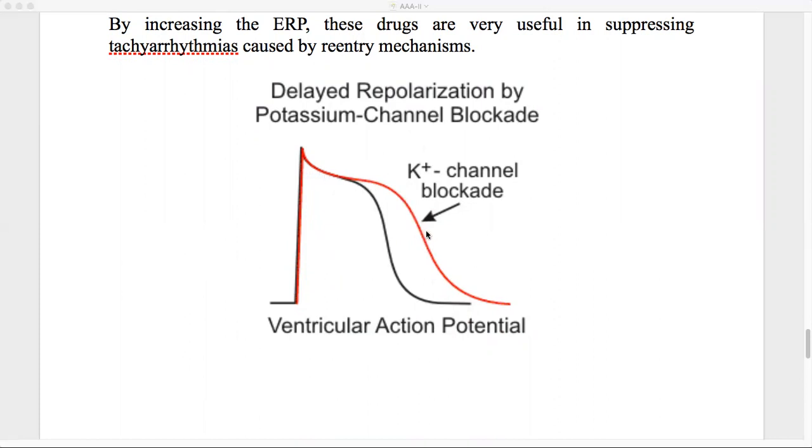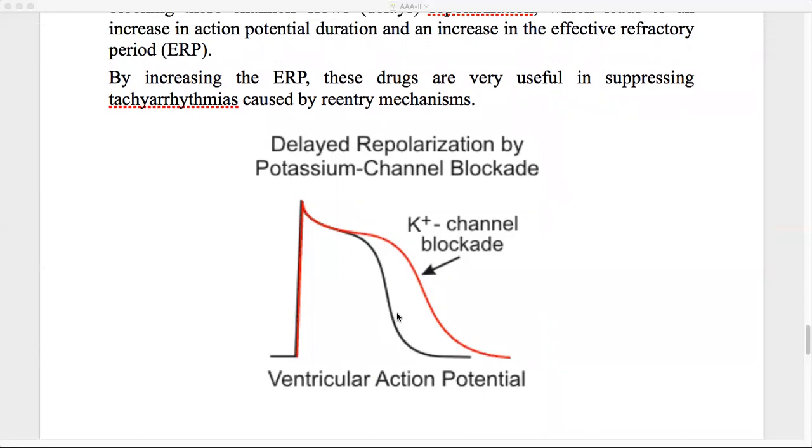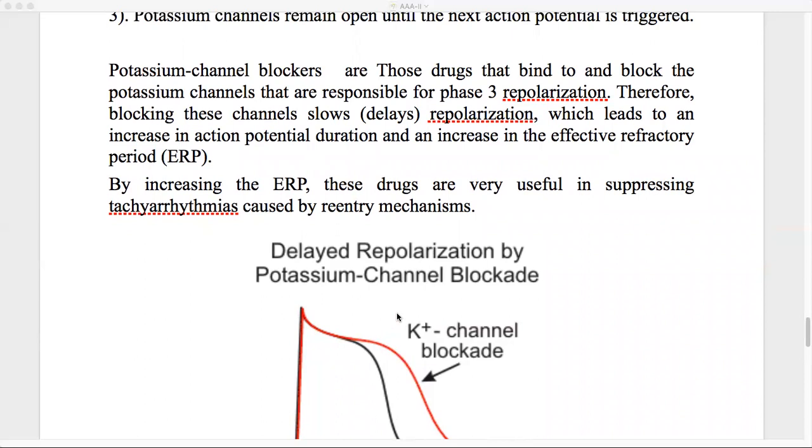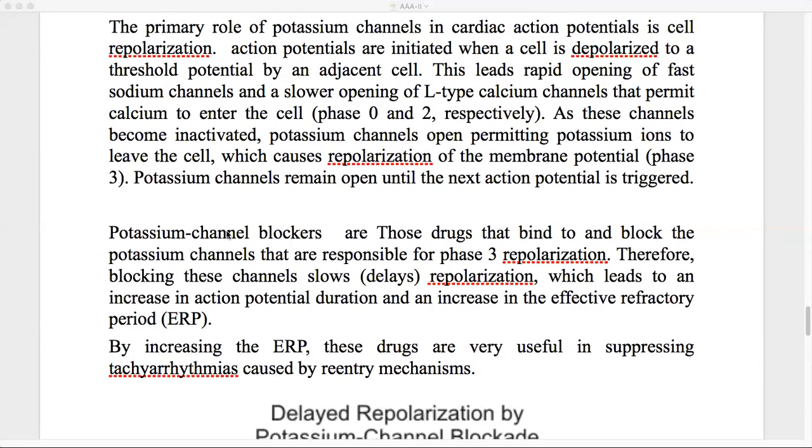It is moving out, but not fast, so the action potential does not complete quickly. It takes a long time to finish, so the cardiac cells remain refractory and the refractory period is increased. We know that an increase in the effective refractory period will suppress cardiac arrhythmias caused by the re-entry mechanism, so they can be suppressed by using potassium channel blockers. That is what this paragraph says.